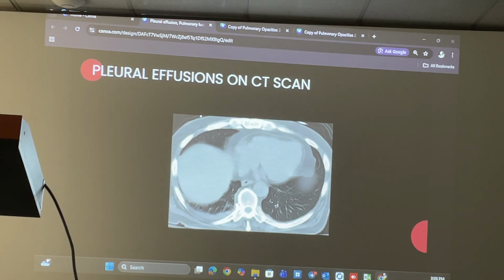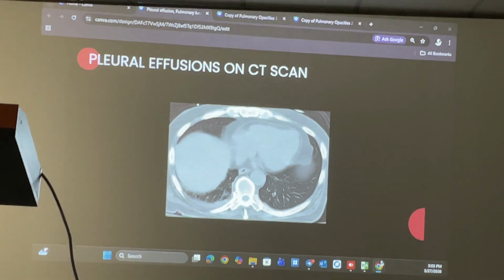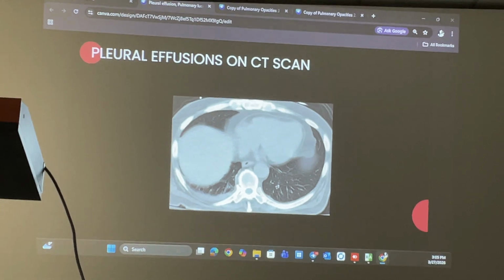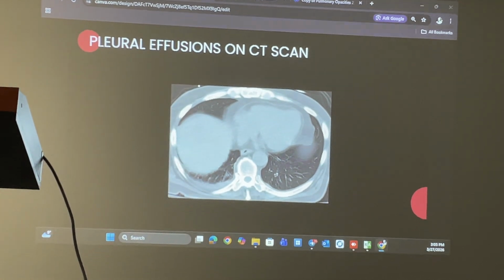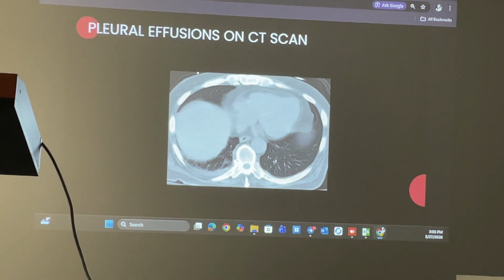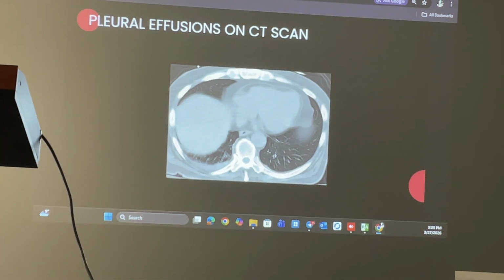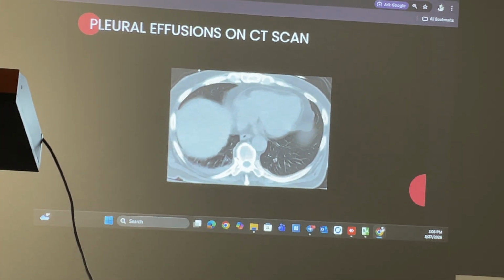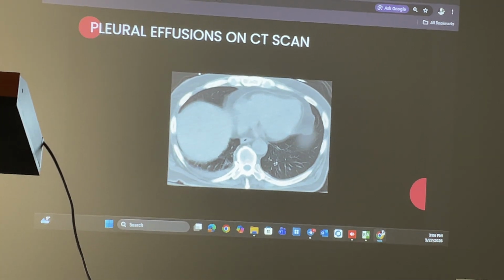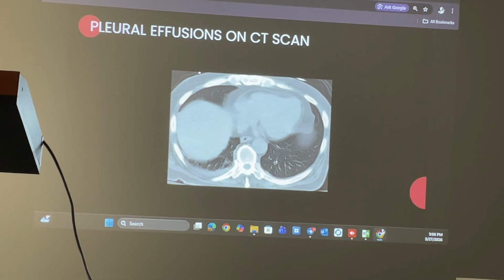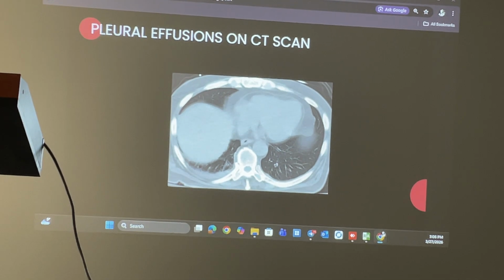Soft tissue window, bone window, and lung window. So which window is this? Lungs are black. More black. Okay, what can you see abnormal on this CT scan?